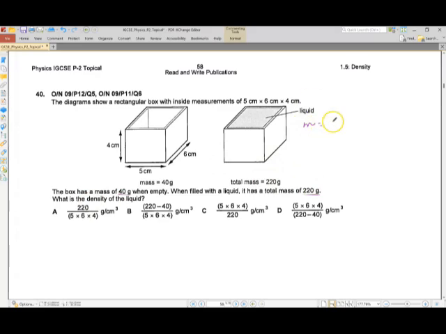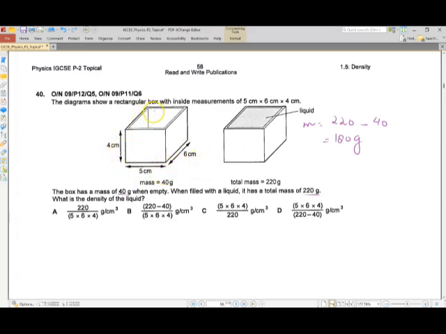To find the mass of the liquid, we need to subtract the initial mass, that is the mass of the empty box, from the final mass. So that is going to give you 180 grams.